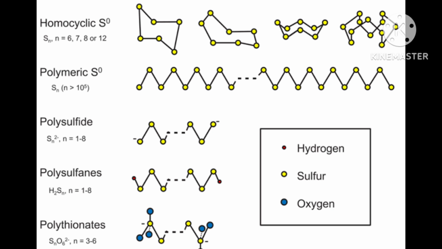Now see here, S was plus 4, now it became plus 6, means it has donated 2 electrons. Hence the balanced equation you can write: 2Fe3 plus plus SO2 plus 2H2O gives 2Fe2 plus plus SO4 2 minus plus 4H plus.